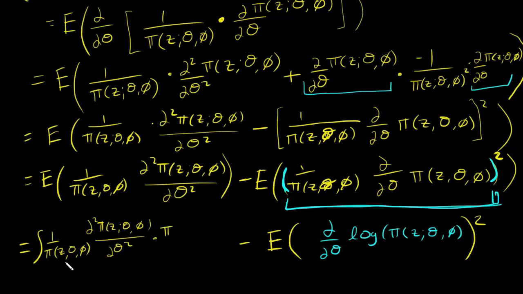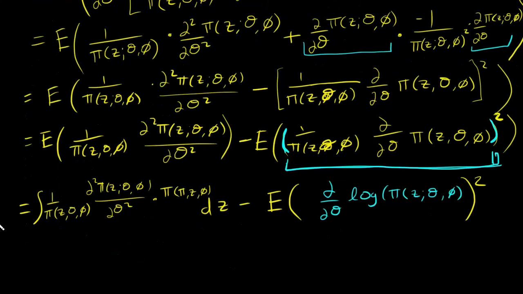That's how you find expected value: you write what you're trying to find the expected value of, multiply it by the density function, and then integrate that over z, your random variable.